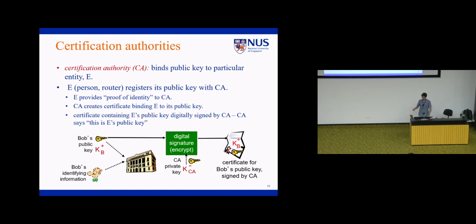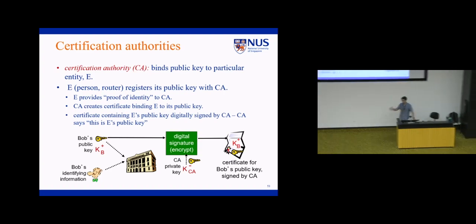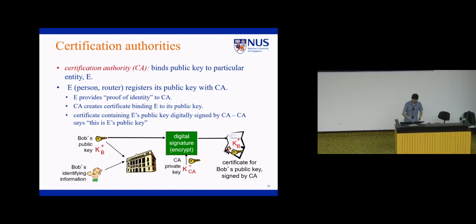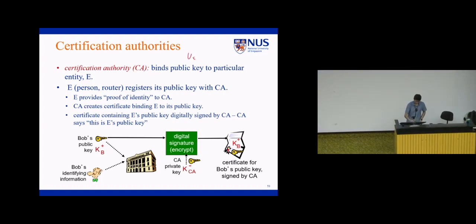So it's just like saying, my name is Utku, and I have a public key of this, and this is certified by some other authority by means of signing that binding. So it's just like this. Here is Utku, and here is his public key, and I sign this using some certificate authority's private key.